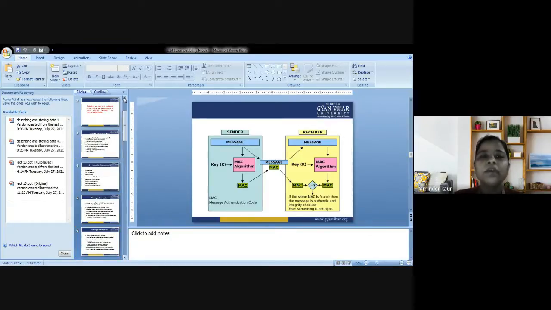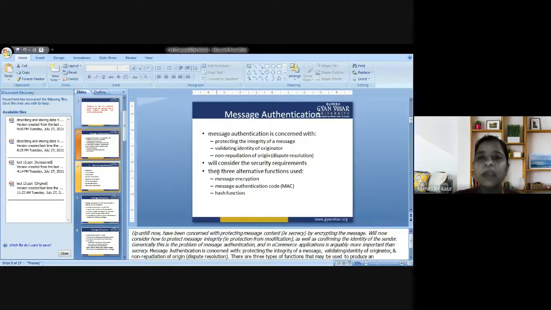So let's discuss the basic concepts of MAC. It is concerned with protecting the integrity of the message so that the integrity of the message cannot be violated. In addition, there is validation concerned with the identity of the originator and non-repudiation of the origin.